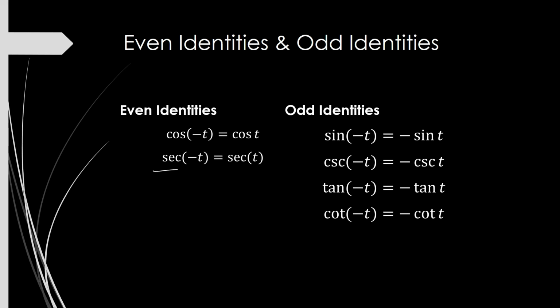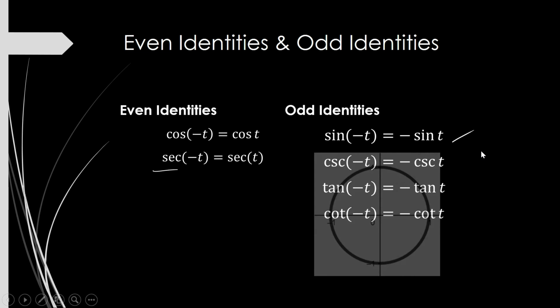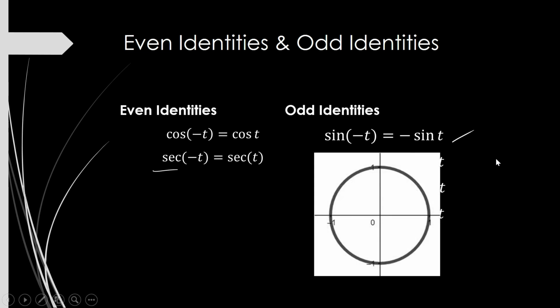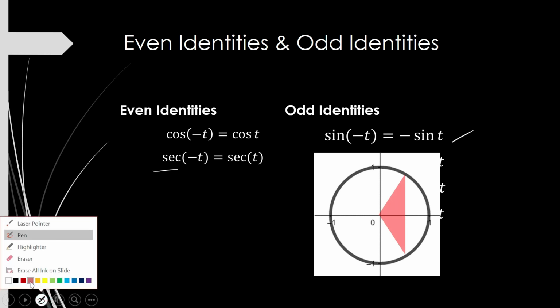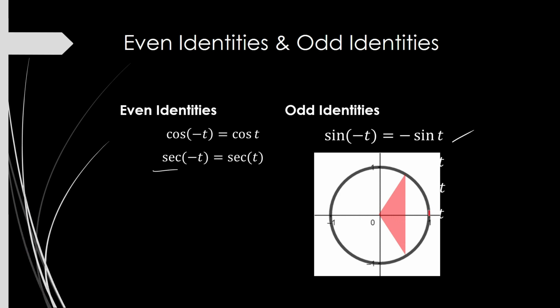When you cannot recall why this became true, why is it that cosine of negative t is equal to cosine of t, all you have to do is bring back your unit circle and trace an arc whose length is t, and another arc whose length is negative t.